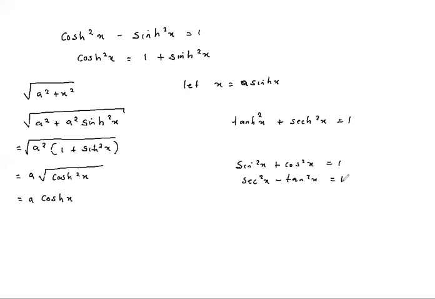This is in trig. In hyperbolic trig, we have the opposite now. We have tan squared x plus sec squared x is equal to 1, and then we have cos squared x minus sine squared x is equal to 1.